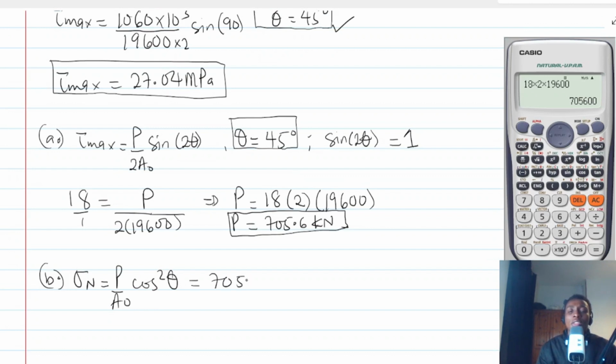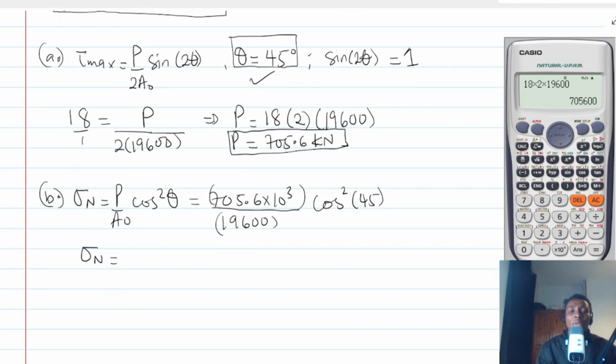If we put 705.6 times 10 to the power 3 divided by A naught, which is 19,600, and multiply by cosine squared of 45, then let's pick our calculators again. 705.6 times 10 to the power 3, divided by 19,600, multiplied by cosine 45 squared, gives us 18.